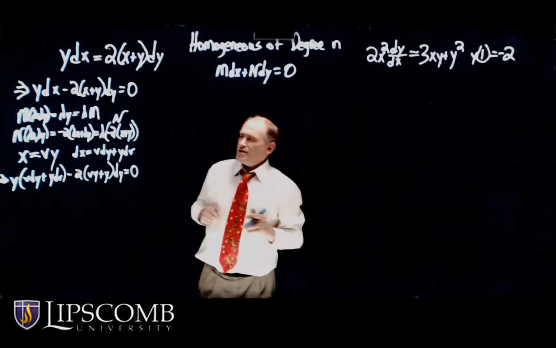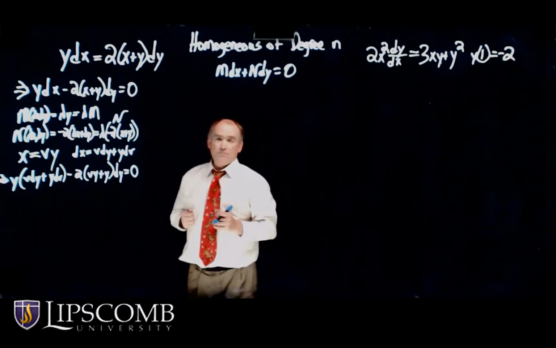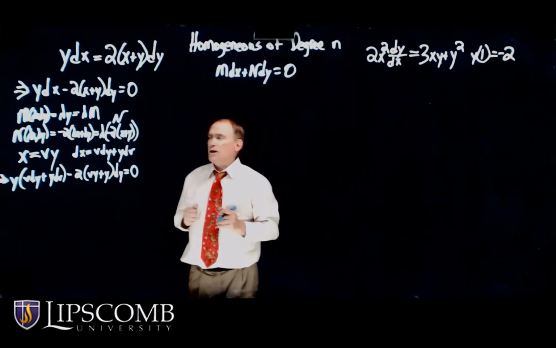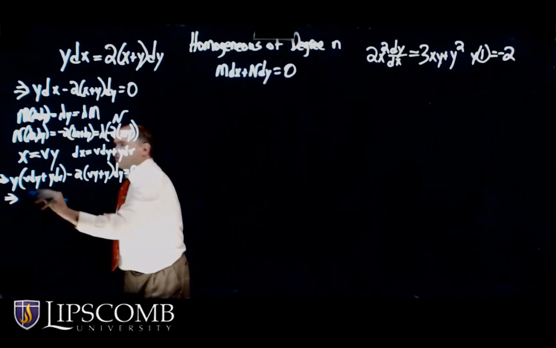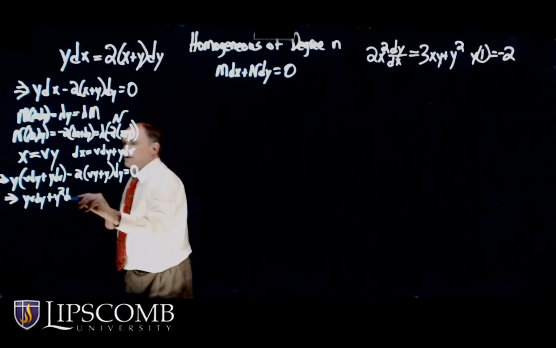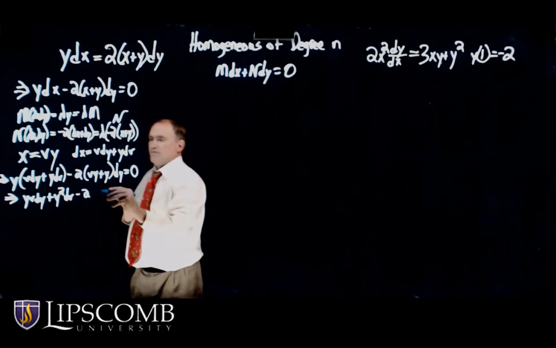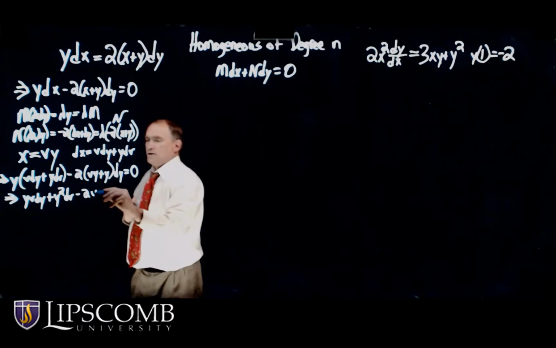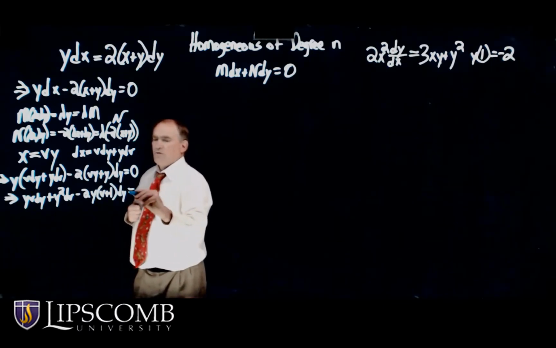So now, let's start putting terms together that are alike. So this would be yv dy plus y squared dv minus 2, and I'm going to factor out a y here, and this would be v plus 1 dy equal to 0.